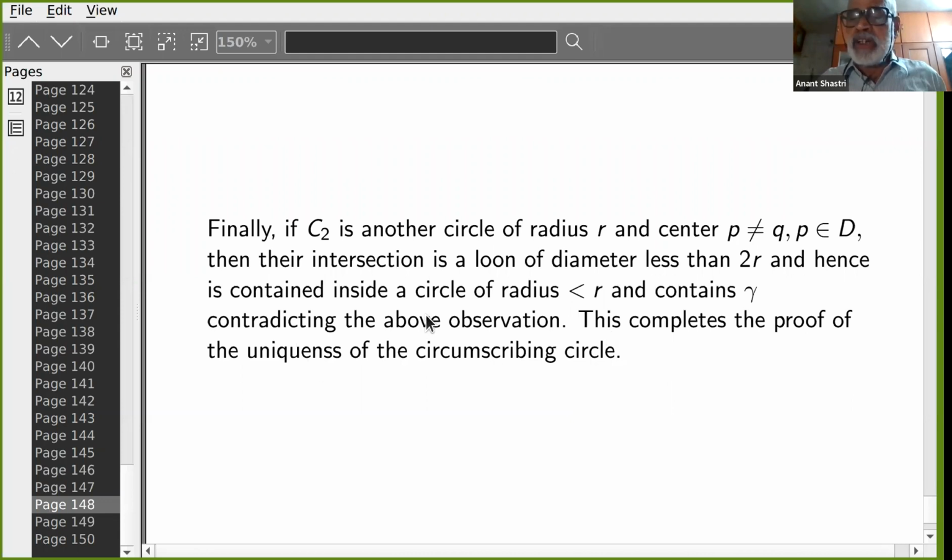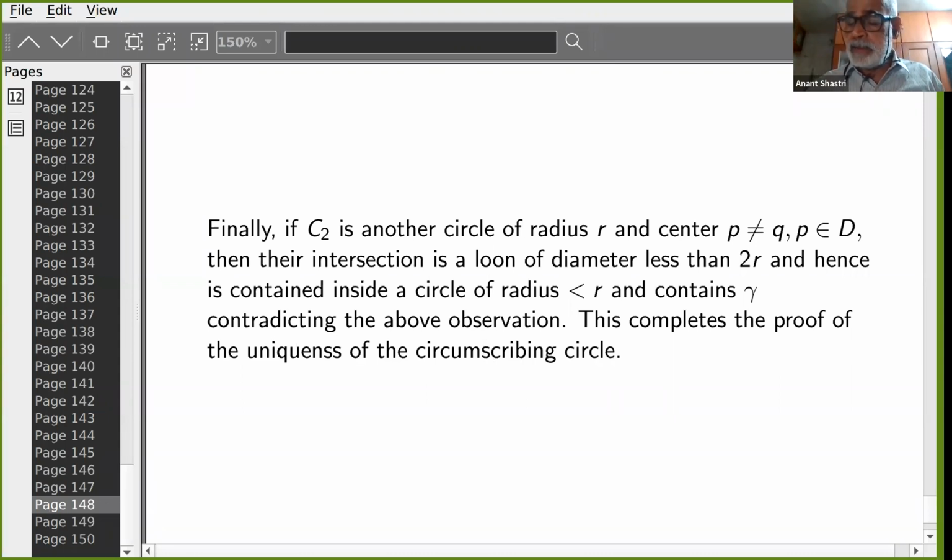But what is the intersection of any two circles? It is some lune, right? The diameter of the lune, since the circles are of the same radius, is always less than 2R.